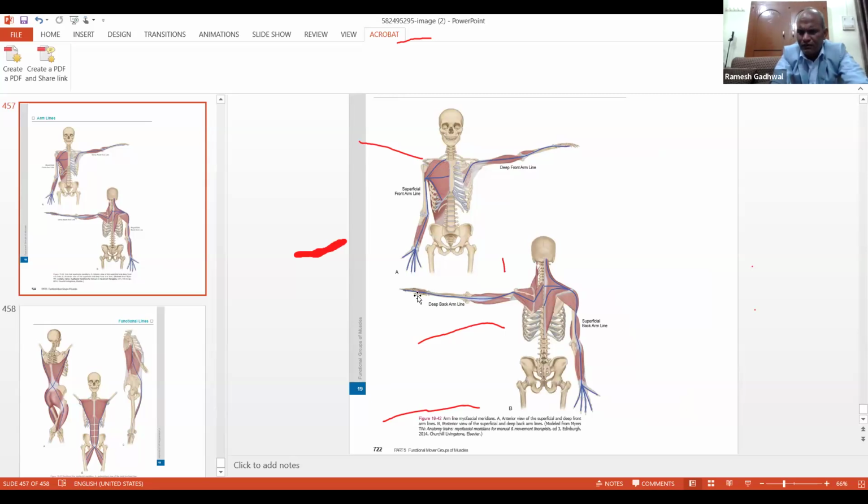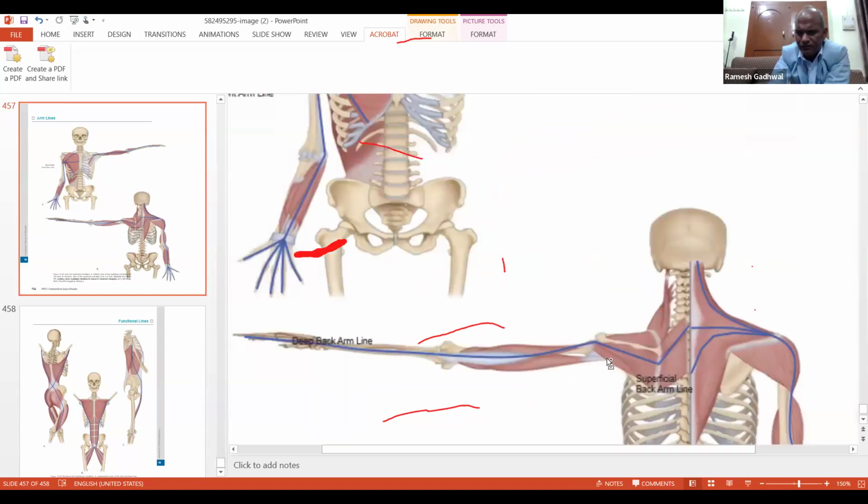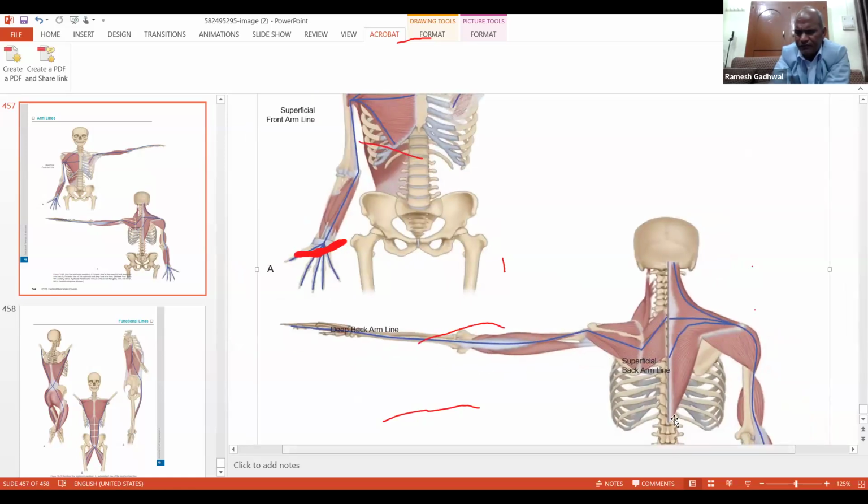Okay, this is the line, the back superficial arm line. You see, this is coming here. Then if you see this picture, the trapezius muscle, you see, starting from the occipital protuberance and ending at T12.